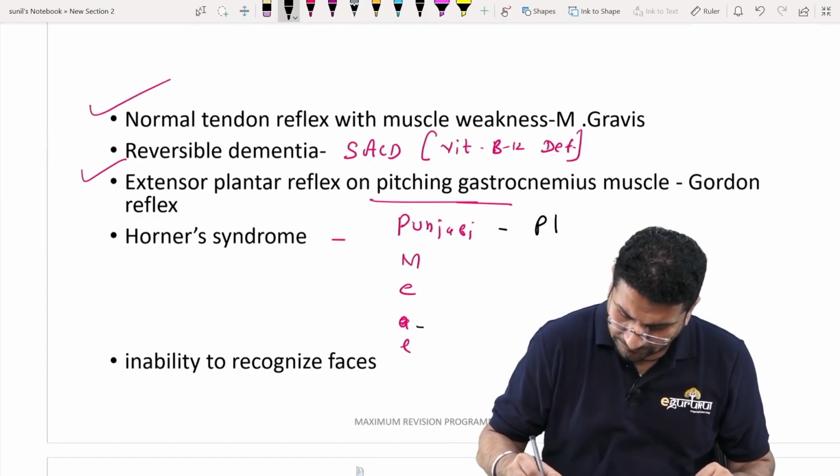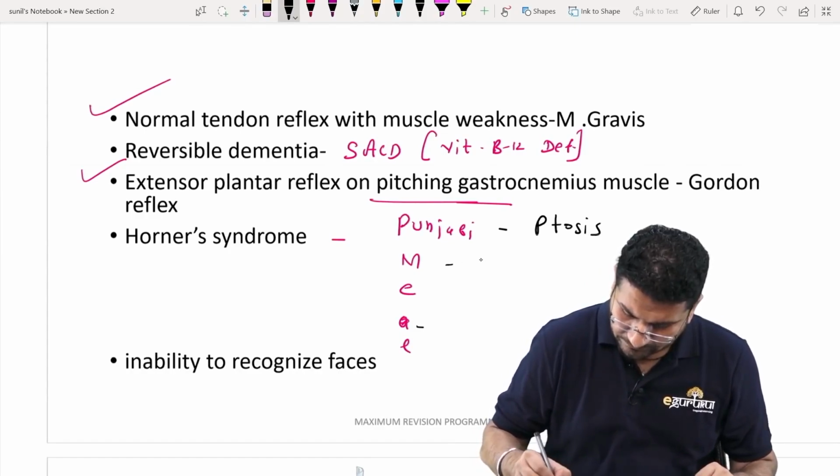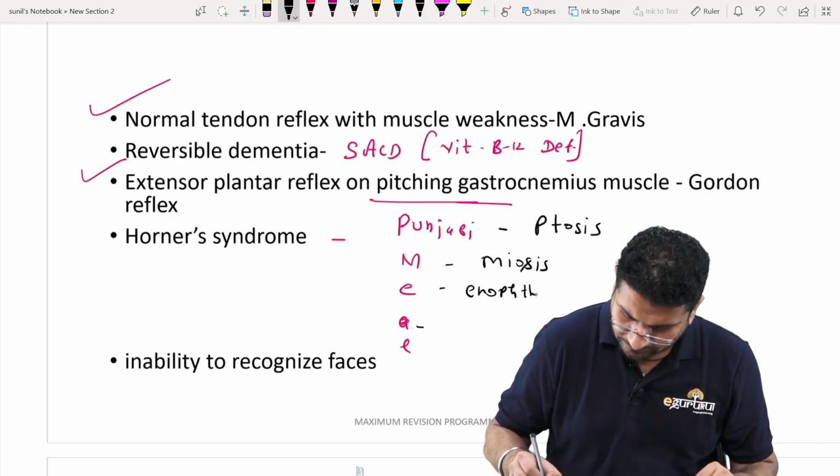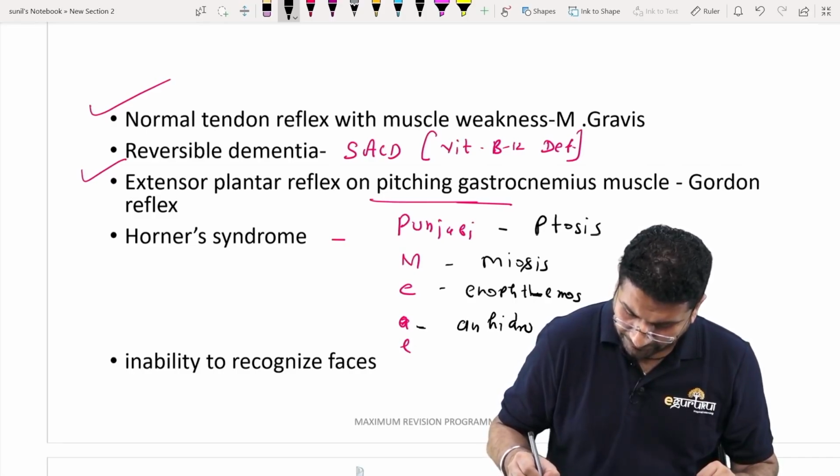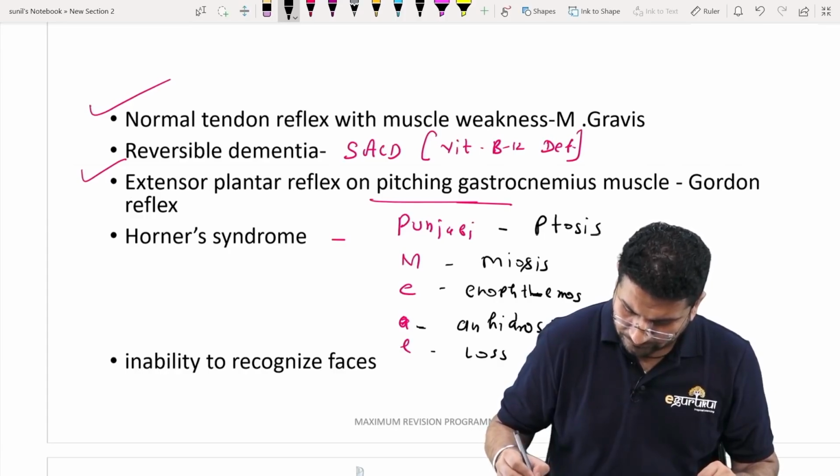Ptosis, miosis, enophthalmos, anhydrosis means loss of sweating, and loss of ciliospinal reflex.